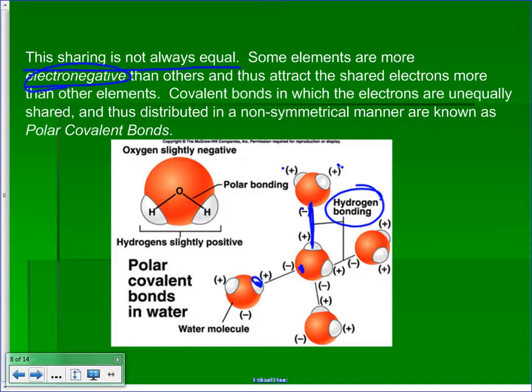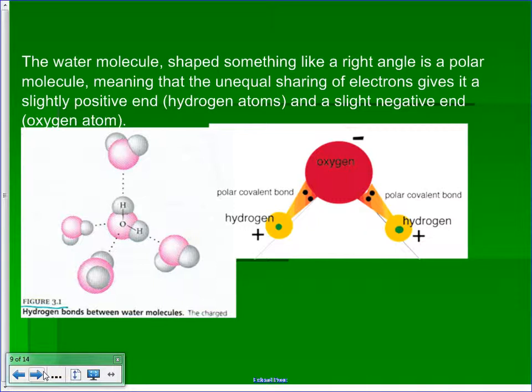So the water molecule ends up getting shaped kind of like a right angle because these two hydrogen atoms are both positively charged and they repel each other. So they have to stay a certain distance apart. It ends up being pretty close to 90 degrees. So there's about a 90-degree angle between the two hydrogen atoms because of this repulsion between them.